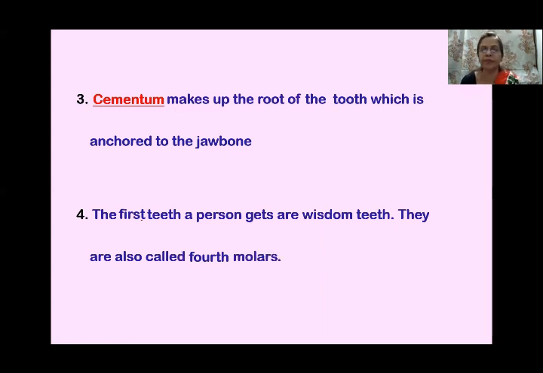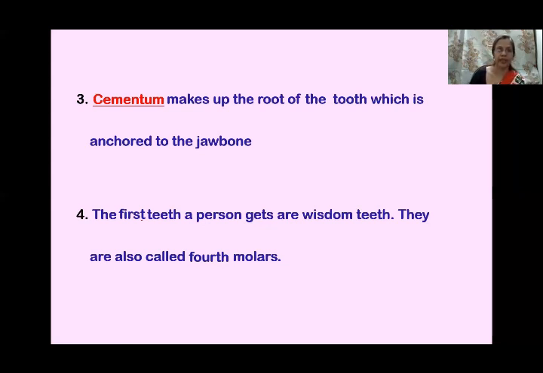If you remember, wisdom teeth come between the age of 17 to 25 years, and at the end. It is also known as third molars. Premolar is there, then molar is there, and wisdom teeth are also known as third molars.